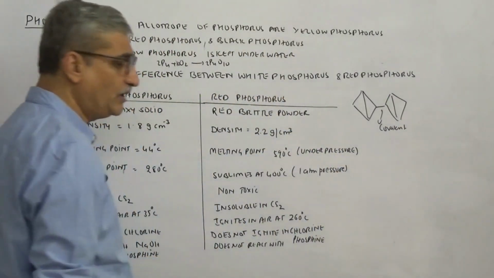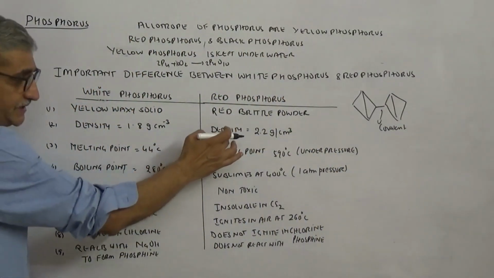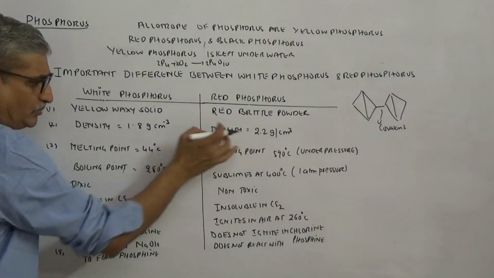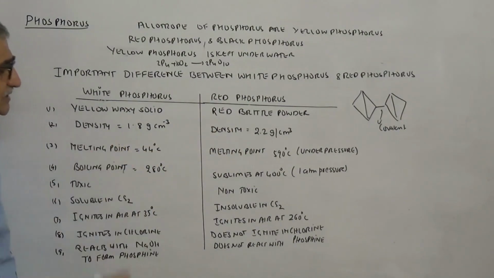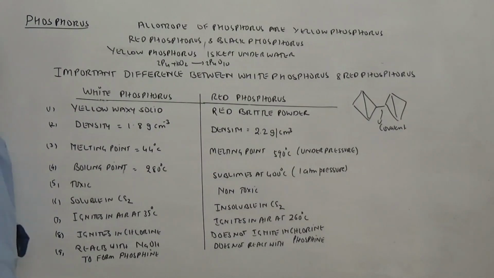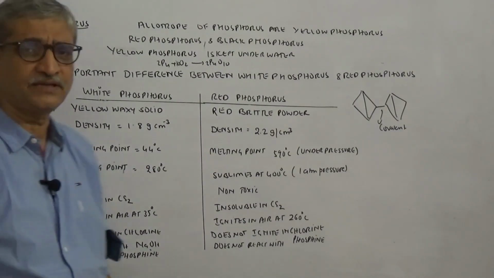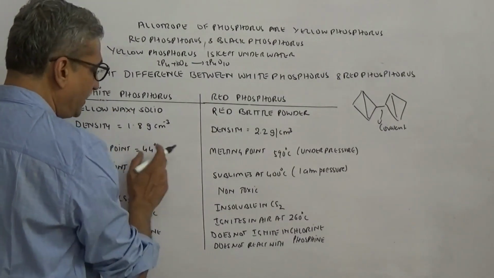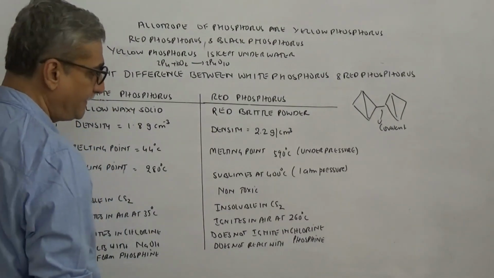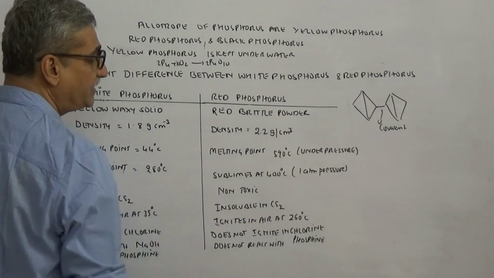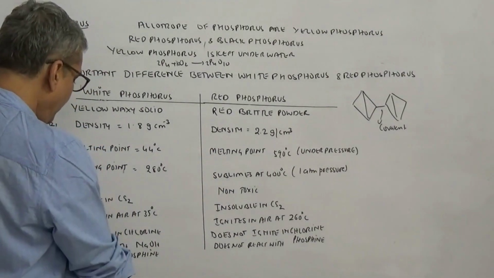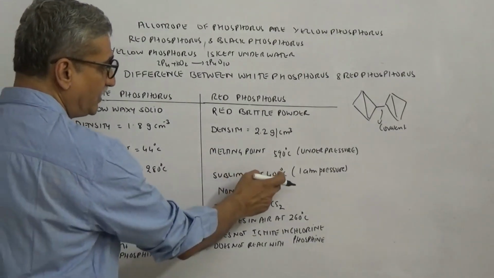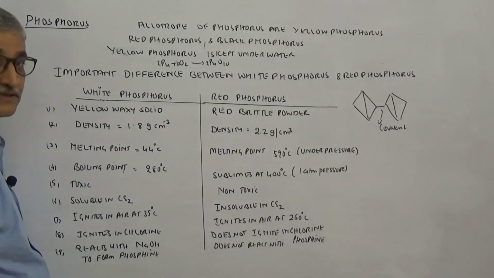We say it's macromolecular, that's why the density increases. So density here is 2.2 grams per centimeter cube, whereas the density of yellow phosphorus is 1.8 grams per centimeter cube, because obviously in it one P4 is attached to another P4 by weak van der Waals forces. Melting point is 44 degrees centigrade, whereas melting point for red phosphorus is 590. Boiling point is 280, whereas boiling point for red is 400 at 1 atmosphere pressure.